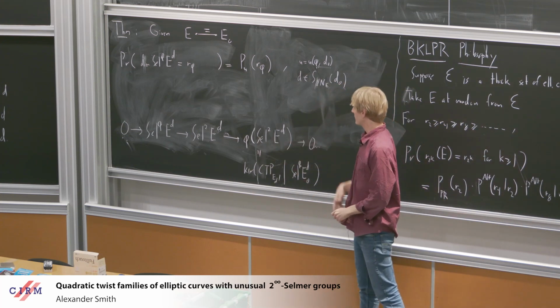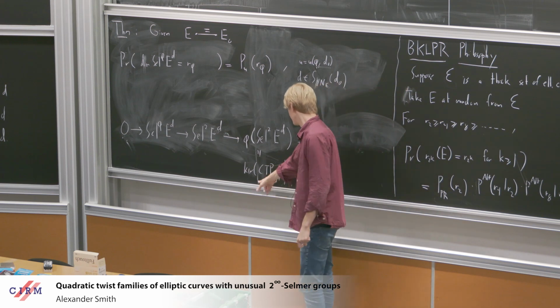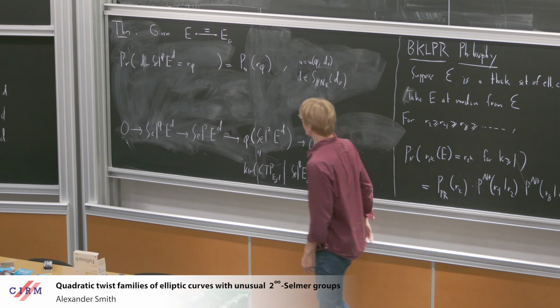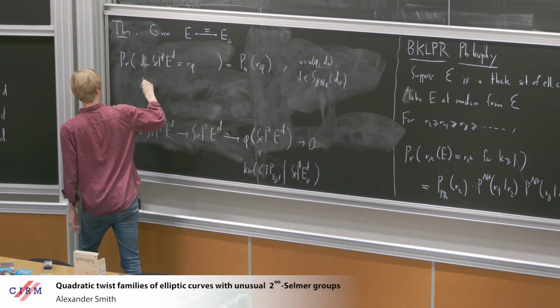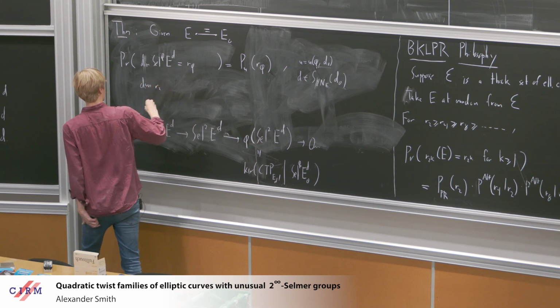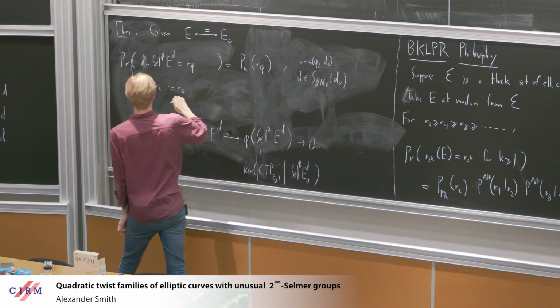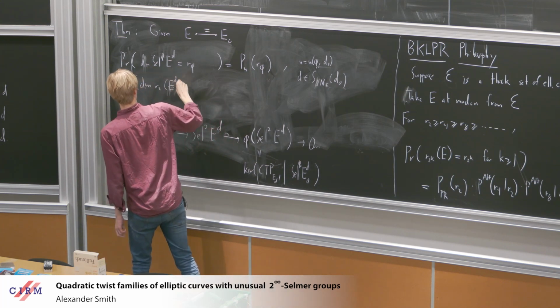And so what does this say heuristically? Well, heuristically, this is a random pairing. And so if we want to account for a 2 Selmer rank, so we're saying the probability that both of these hold, the dimension equal to R2 of E twisted by D is equal to R2.